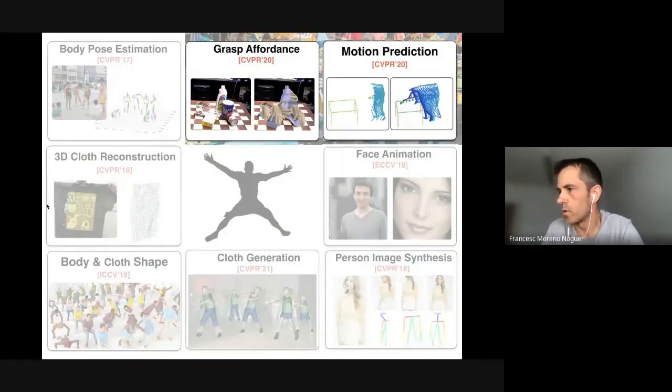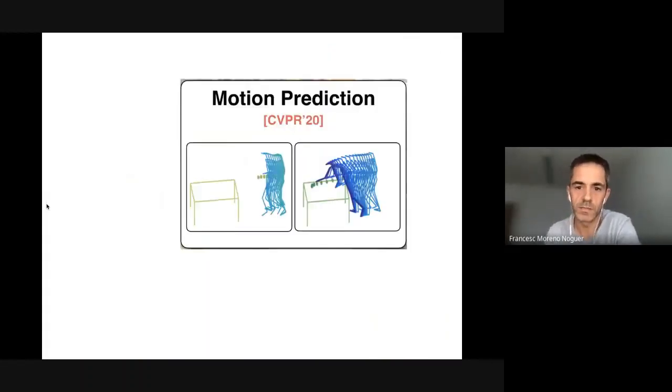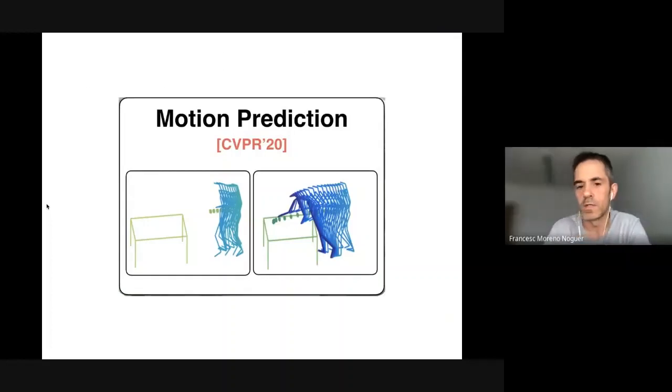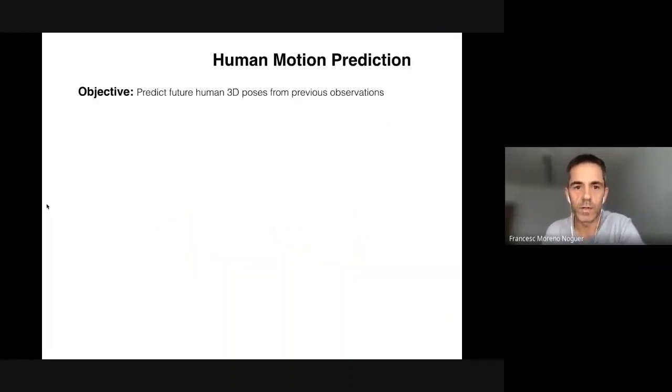If there are no questions, I'll jump to the last two works. These works are on exploiting the context for different applications. The first one is on motion prediction. This was at CVPR last year. The idea was the following: we wanted to predict future human 3D poses from previous observations.